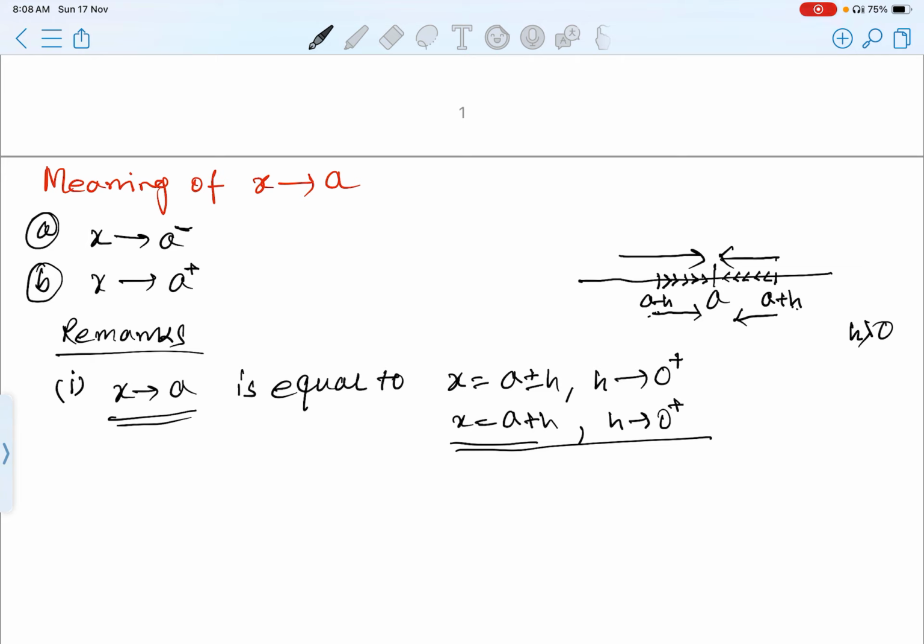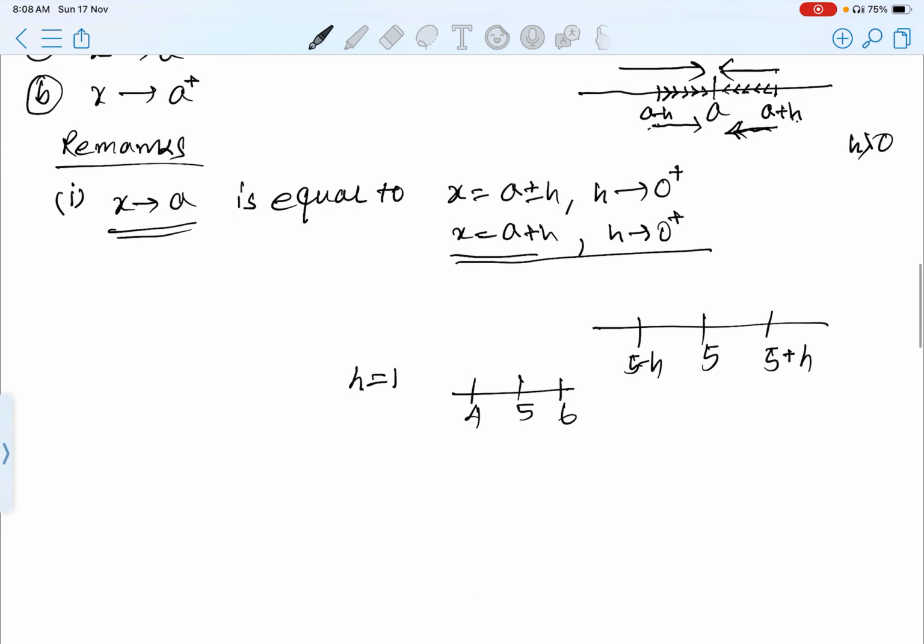So if h tends to 0, that means h is closer to 0, so this should be going to a. Just take an example, if this is 5, 5 plus h and 5 minus h. I am taking h closer to 0. First take h equal to 1, then it should be 6 and 4.